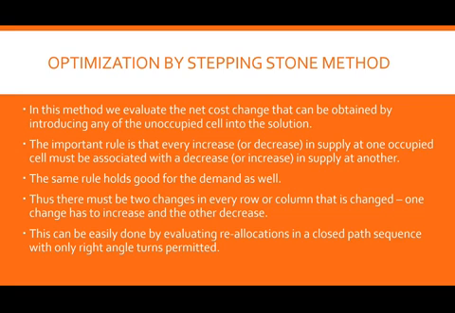The only reason is if you modify and increase the allocation in one cell, then the supply constraint would get modified, which is not permissible. So if at all you increase in one place, an equal amount of decrease should be made in the same row so that the supply constraint will match.